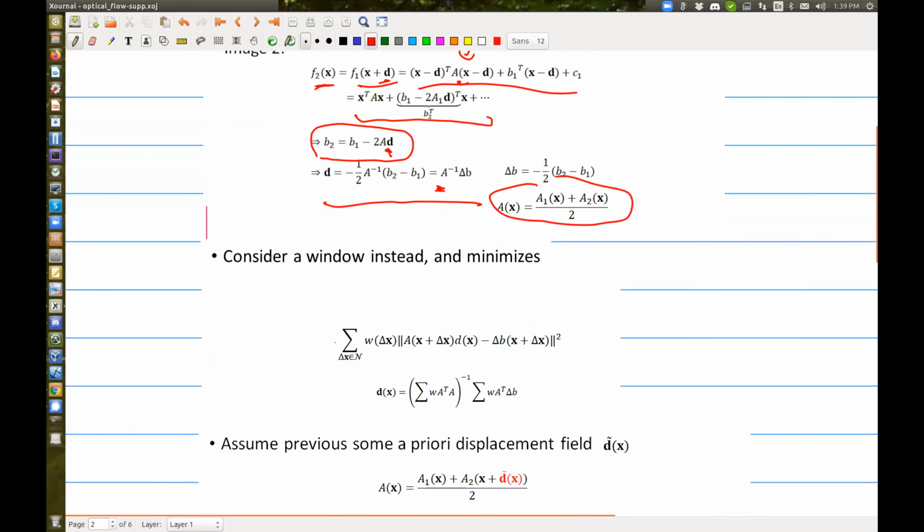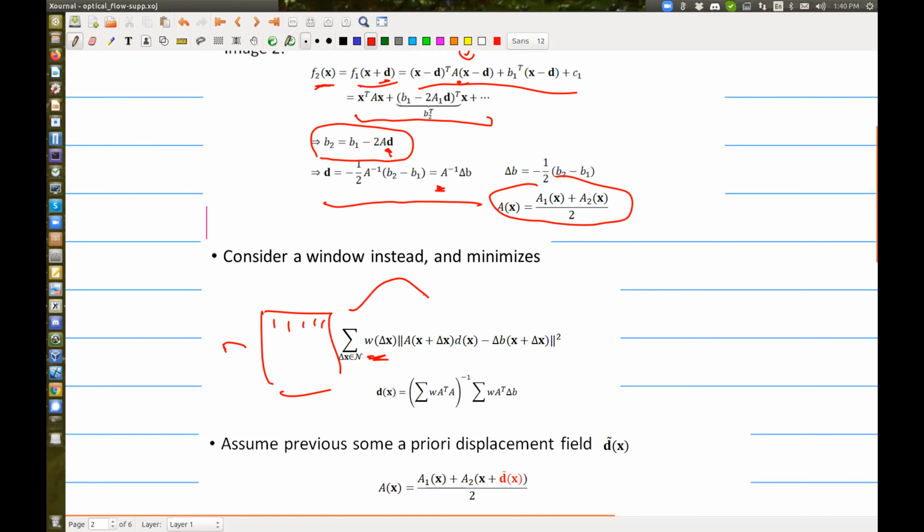And typically we will use a window, like in the Lucas-Kanade case, where we just take a window, but these windows we can make smoother. In the Kanade case, we take a hard window, in the sense that everything inside the window has a weight of one and everything outside is zero.